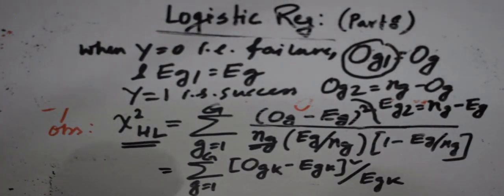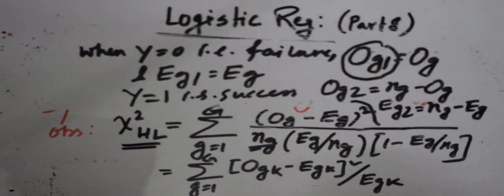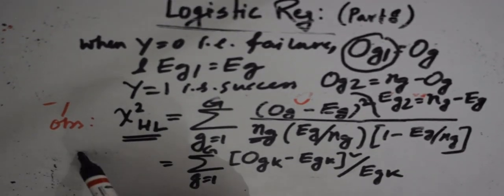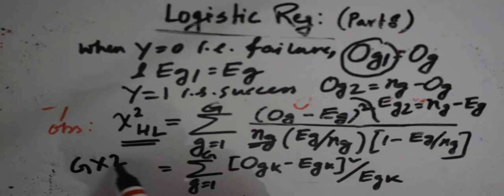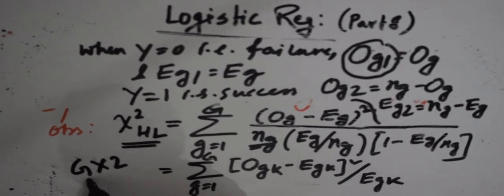Basically, this is Pearsonian chi-square applied to a G cross 2 table of observed and expected counts in the G groups.